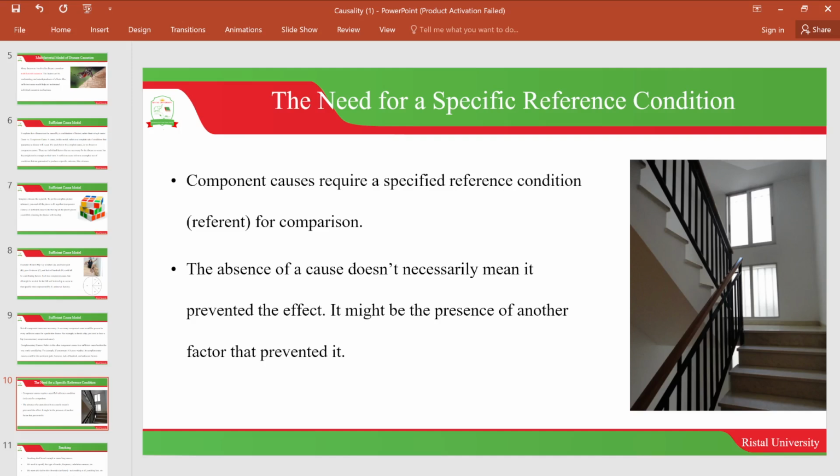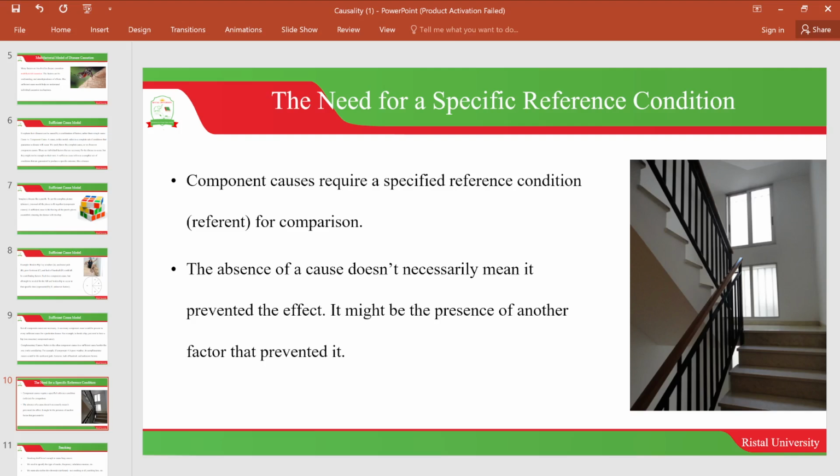So what we are saying here is that the absence of a cause does not necessarily mean that its presence could have prevented the effect. So you cannot say that because there was no rail, the hip fracture would have been prevented.